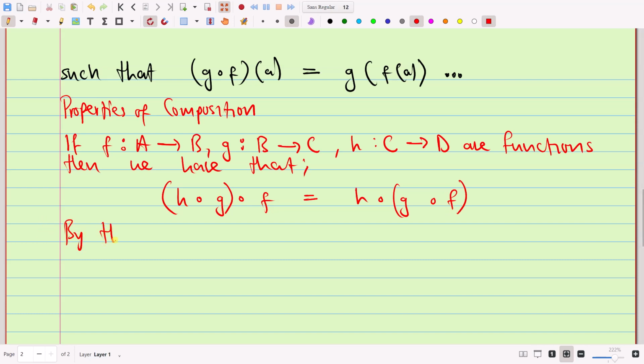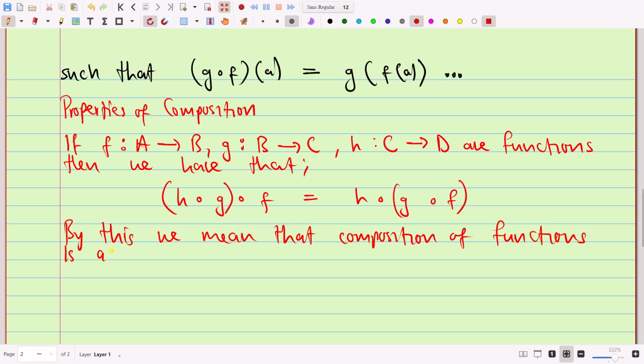You see that? So by this, we mean that composition of functions is associative.